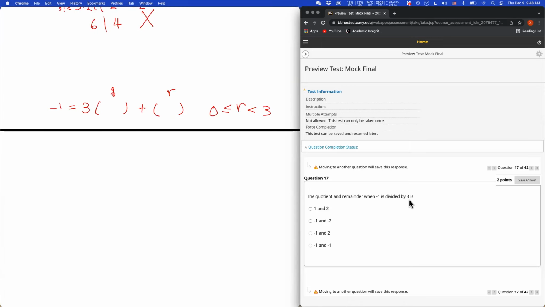Well, if you let Q be 0, then your R will be -1. So it cannot be 0. So you will force Q to be -1. Now when Q is -1, you have -3. Now to make it -1, your remainder will equal 2. So the quotient will be -1. The remainder will be 2.